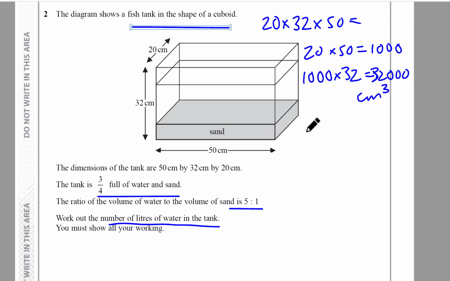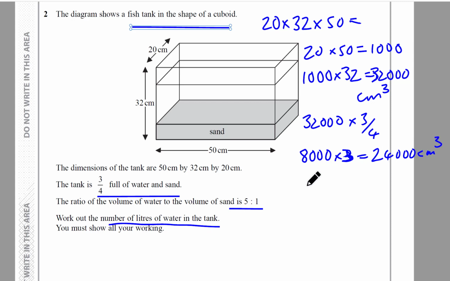That's part 1. Now it's 3/4 full, so we need to do 32,000 times 3 over 4. So 32,000 divided by 4 is 8,000. And we times that by 3. And that's going to equal 24,000 centimeters cubed.